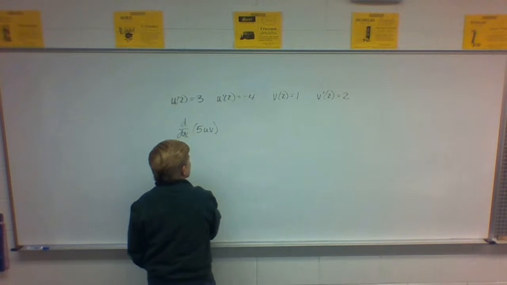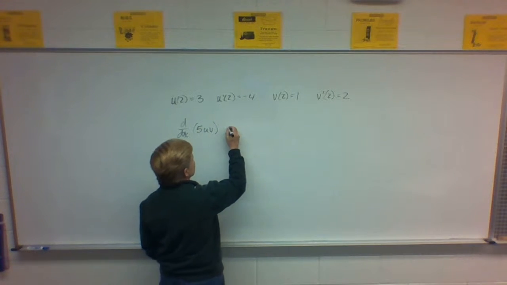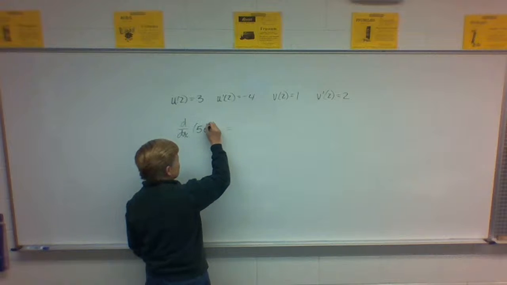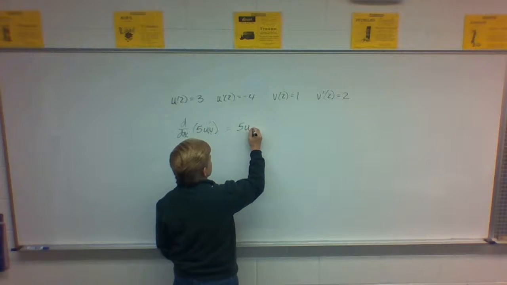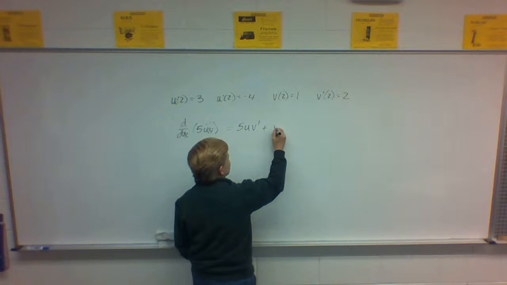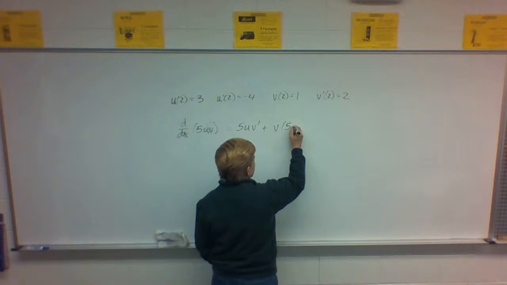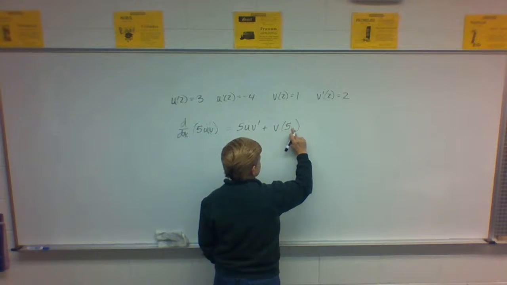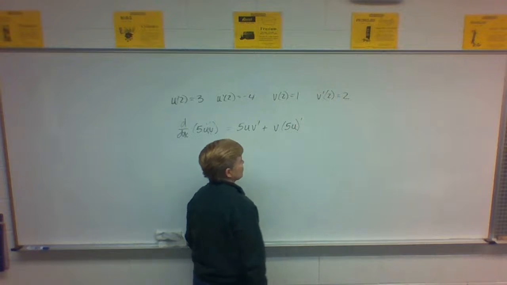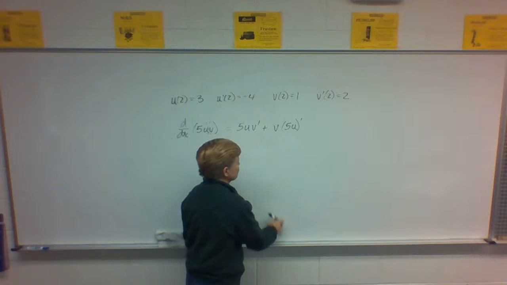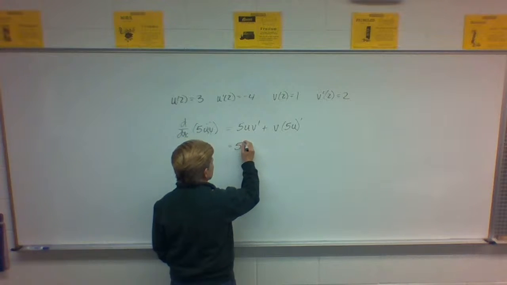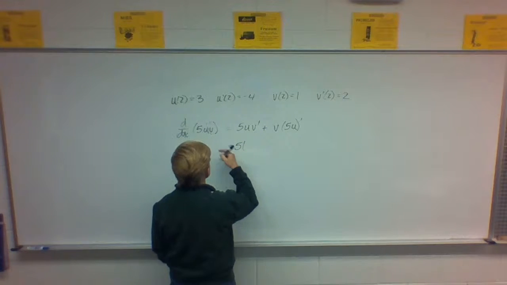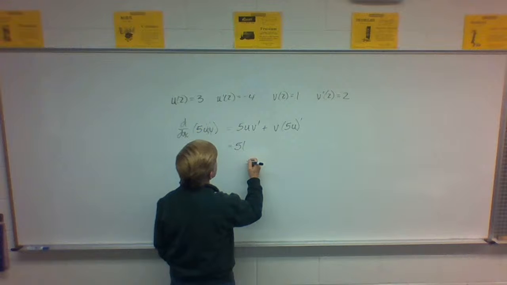So you have to remember the product rule. What this would be if you did it my way would be the first times the derivative of the second plus the second times the derivative of the first. Okay, so what is u at 2? Oh, by the way, this will be at 2. Where'd the 5 come from?